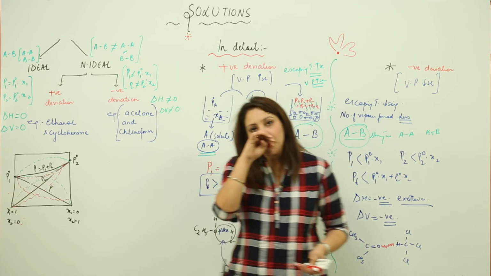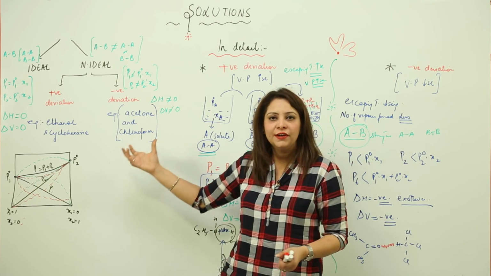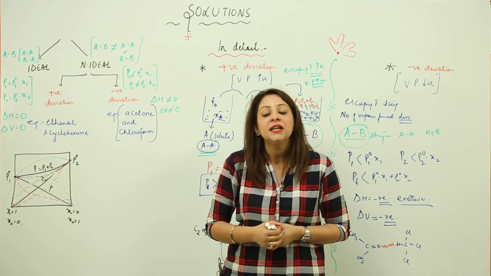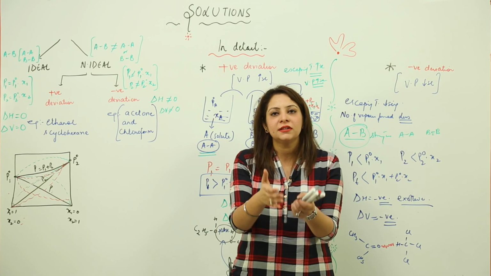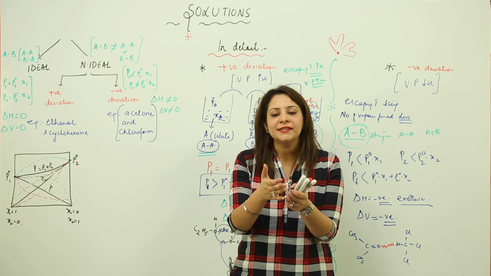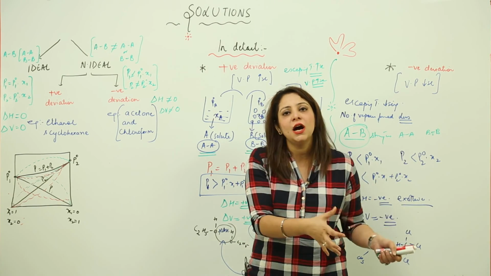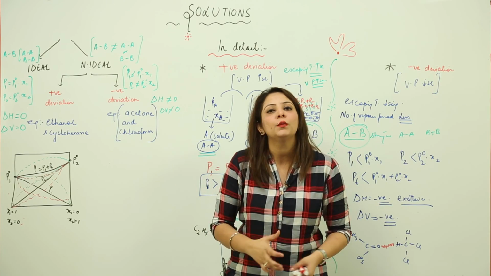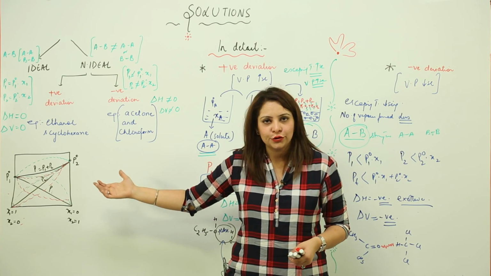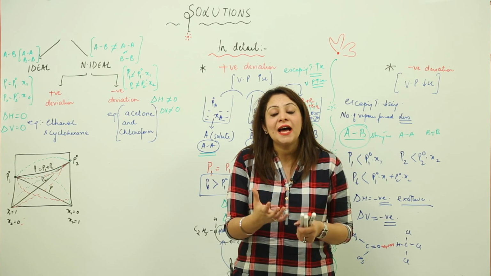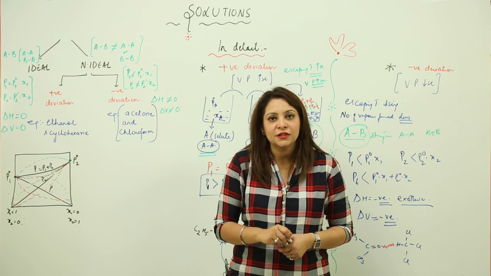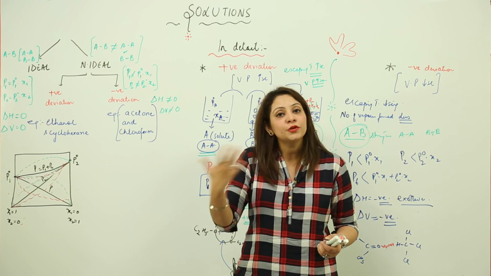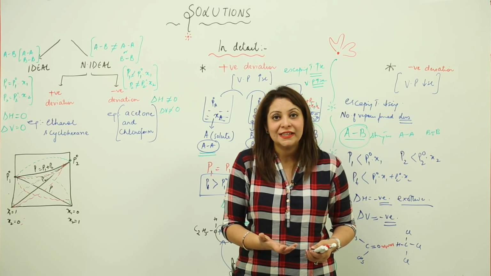So if somebody asks you about positive and negative deviation, I think you can easily explain. Just start with the point that the vapor pressure falls or increases if we compare with the ideal solutions, right? And the reason is that you have to focus on the interactions, because the reason behind the formation of vapor is the interactions.